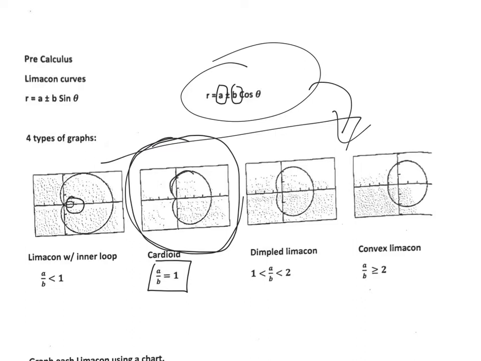The next one, with a little dimple, is also on the x-axis. If we were to change it to sine, then all these key points, the dimple and the inner loop, are going to be on the y-axis. So this is the next one, number 2, on the next page.